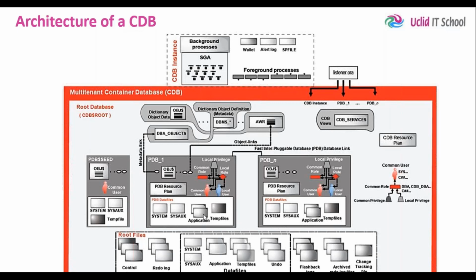Now, next thing is, let us see the data dictionary in a container database. Data dictionary is created in every database. Root has a data dictionary, seed has a data dictionary, every PDB has a data dictionary created. The common objects are created in root only, and the metadata about these common objects is stored in the root data dictionary, and they are all shared with PDBs as required.